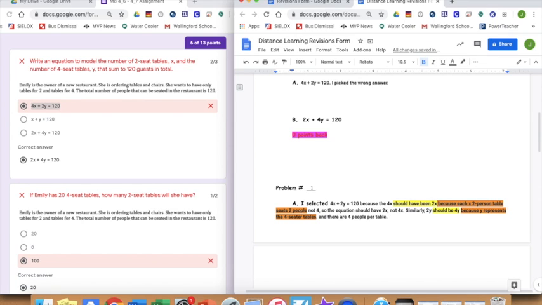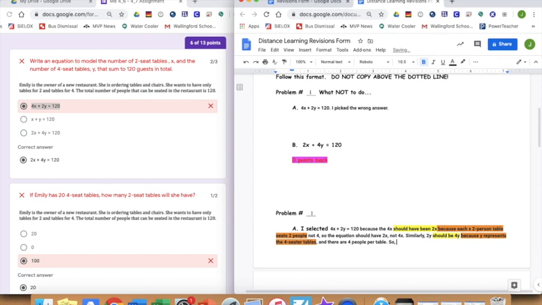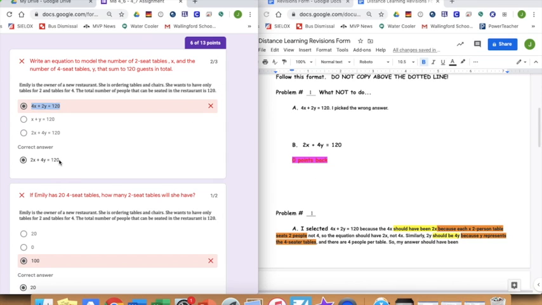So I selected that, and then let's see. I could just conclude it up by saying, so my answer should have been 2x plus 4y equals 120.